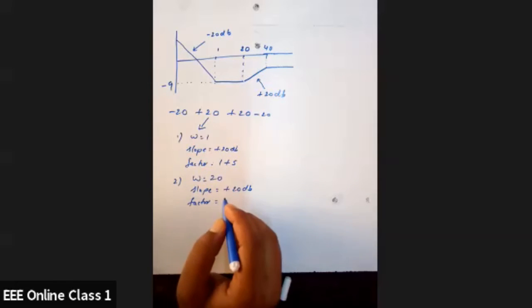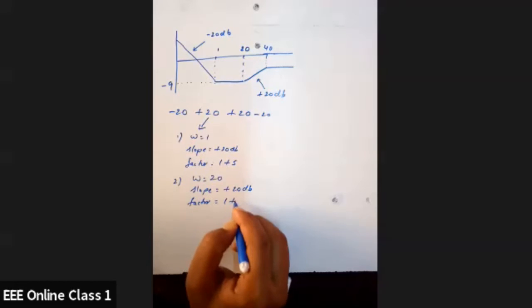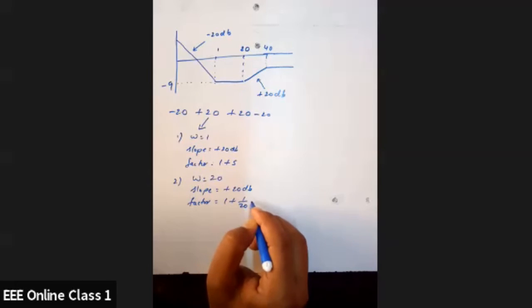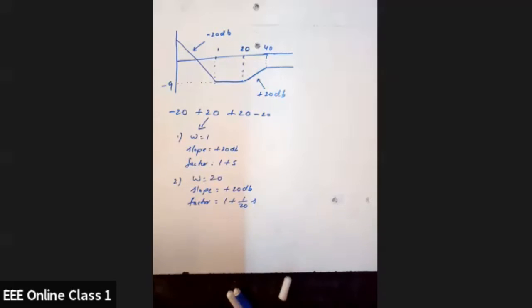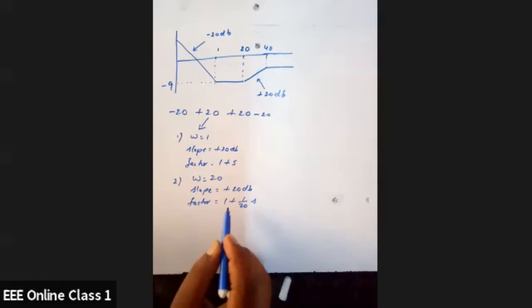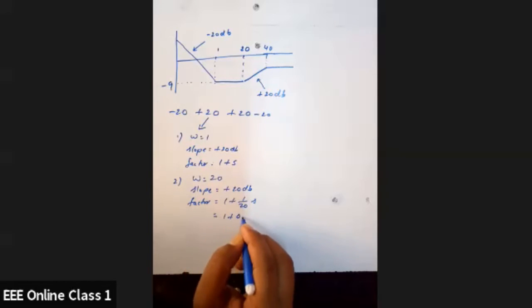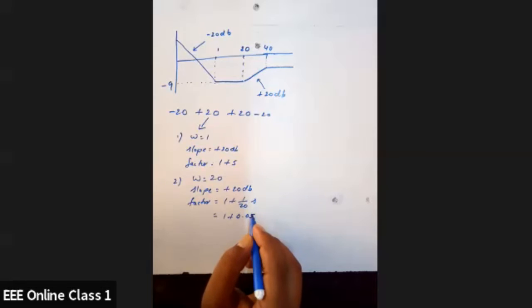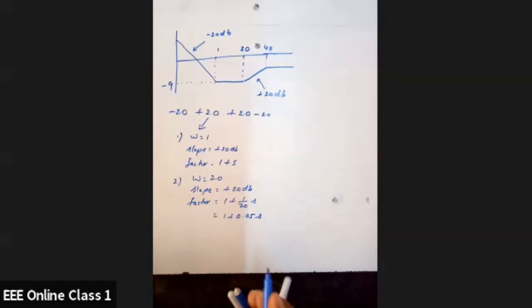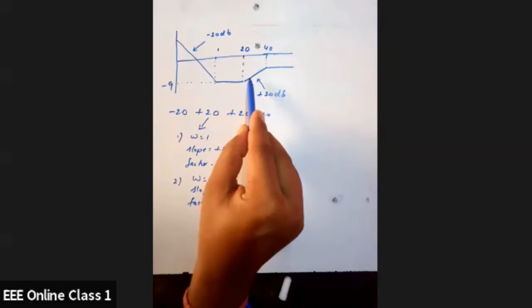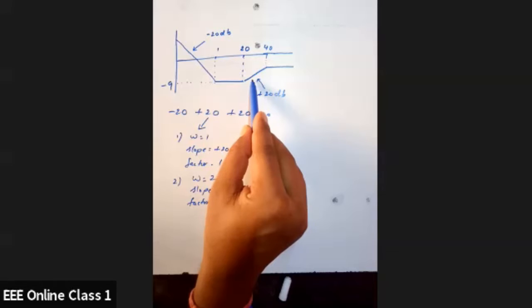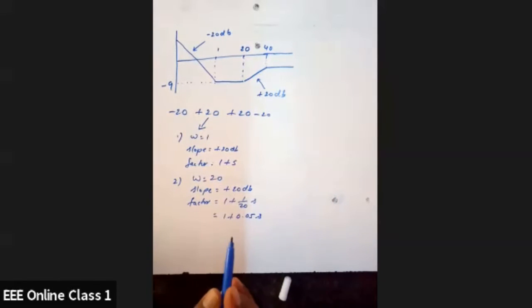So it will give you 1 plus 1 by 20 s. So this comes to be 1 plus 0.05 s. This is my third slope.